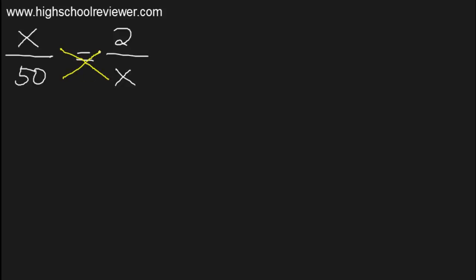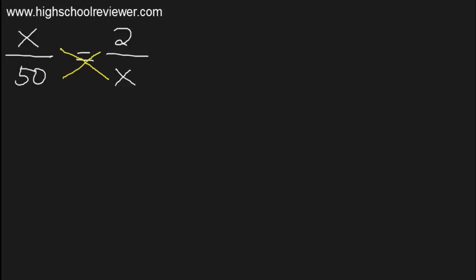Solving quadratic equation by extracting square roots. Our next problem, we have x all over 50 equal to 2 all over x. So to solve for the value of x, first we need to cross multiply the equation.